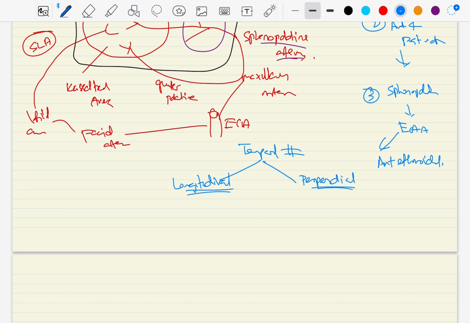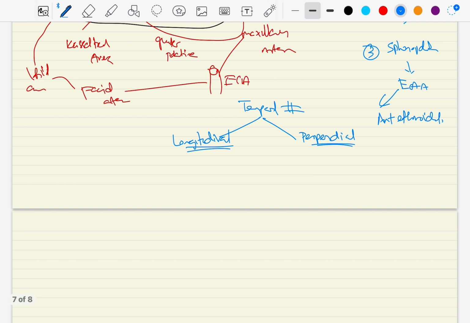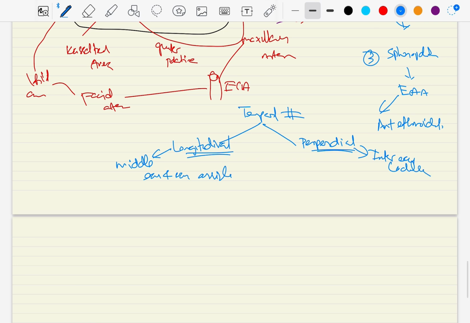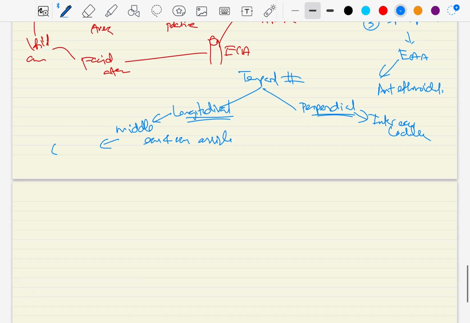The longitudinal fracture runs along the axis of the temporal bone and damages the middle ear and ear ossicles. The perpendicular fracture, perpendicular to the temporal bone, damages the internal ear and cochlea. So one causes conductive hearing loss, the other causes sensorineural hearing loss. That's it for the temporal bone fractures.